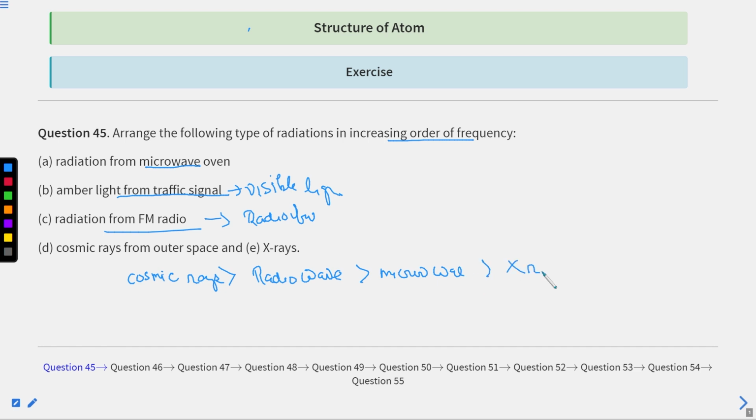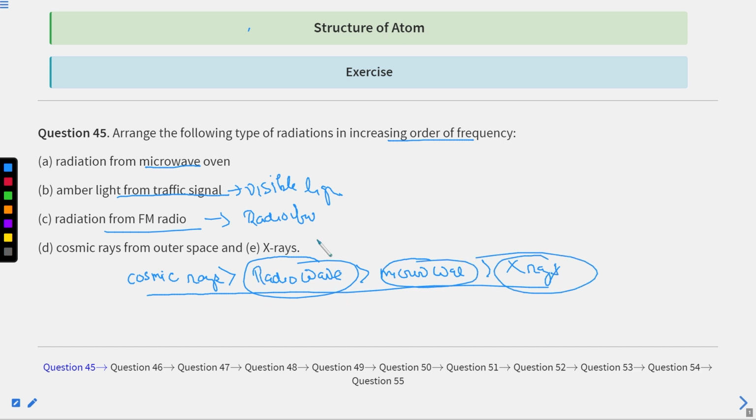And then comes your X-rays. Now, if I ask you why radio waves are used in FM radio, why microwave is used in an oven, and why X-rays are used in making a scan picture of your bone or fractures for medical purposes.